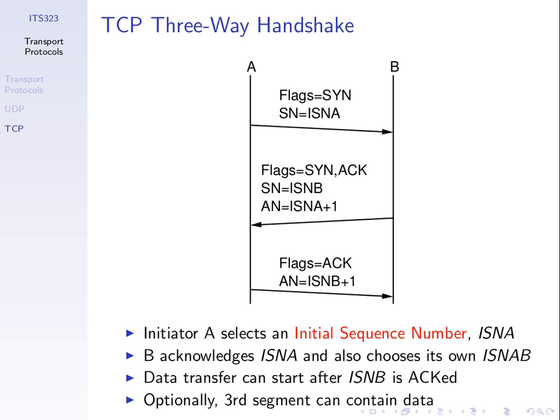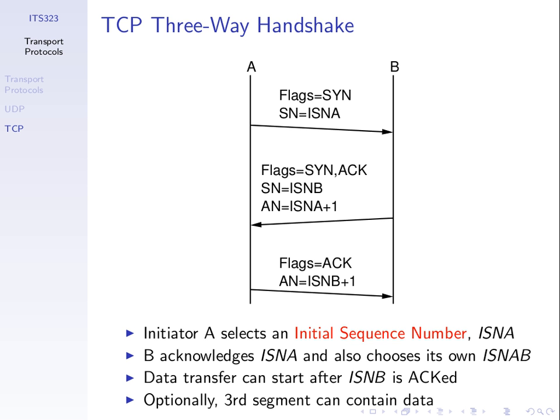B receives that. If everything's okay and it wants to accept the connection, it records the initial sequence number of A, chooses its own initial sequence number for B, a potentially different value from what A chose, and sends back a TCP segment. This segment has 2 purposes. One is to tell A of its initial sequence number. So we set the SYN flag and we set the sequence number to the value B chose.